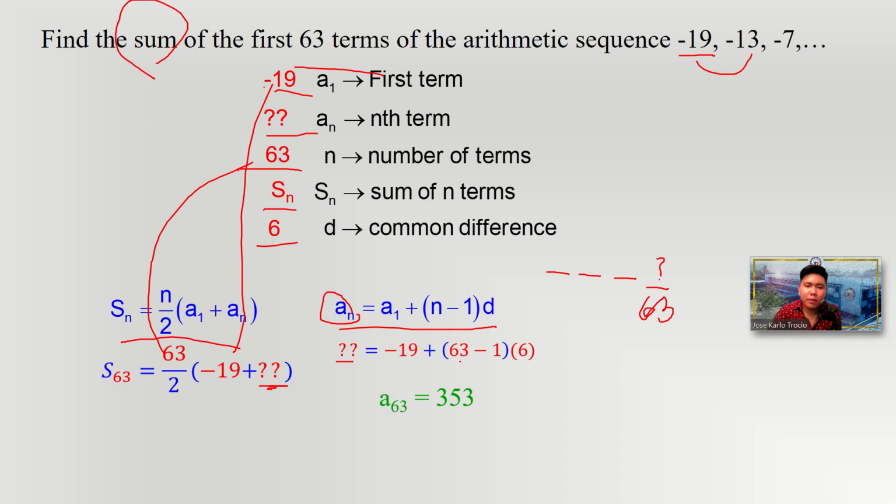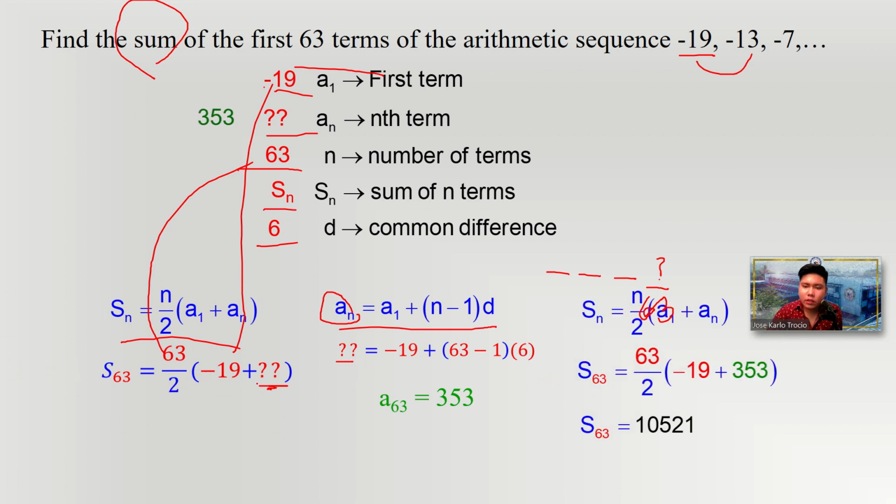You know how to solve it? PEMDAS. 353. So we can substitute it now in the equation. You are going to have 353 plus negative 19, multiplied by 63, and the answer of that is going to be divided by 2. That is 10,521.